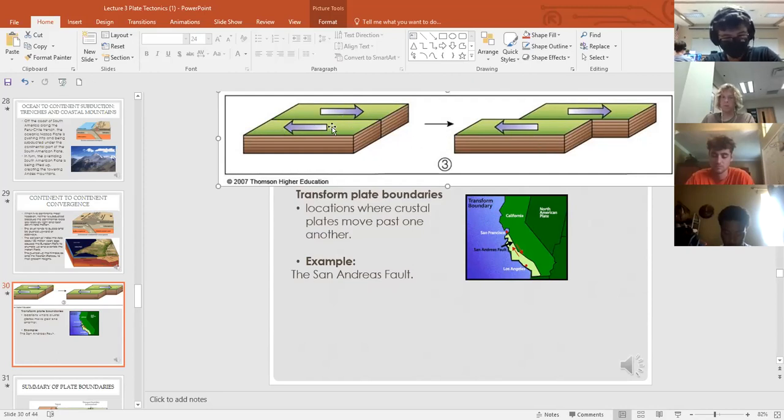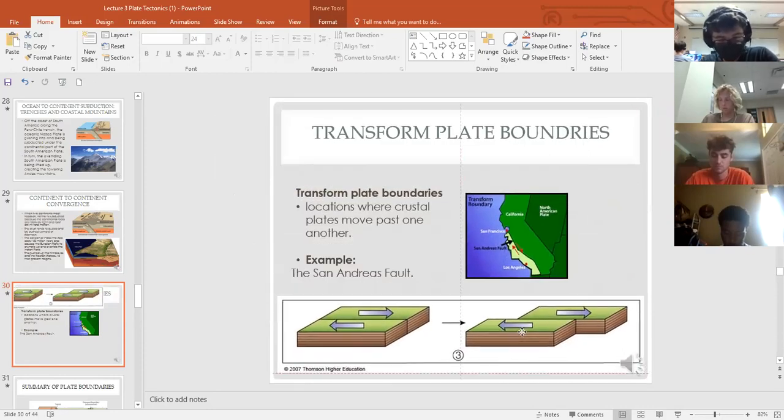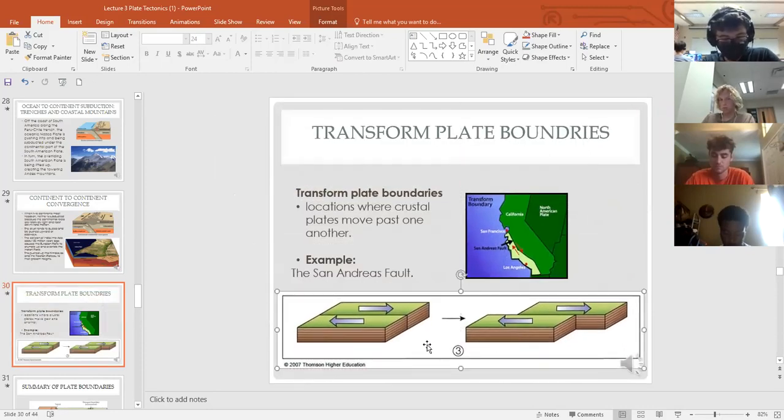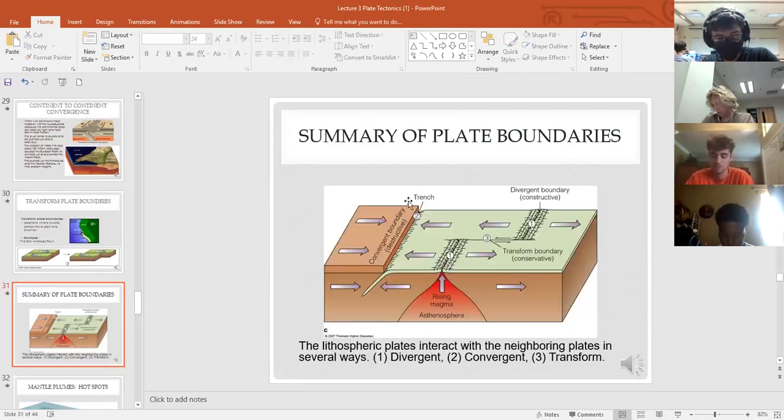If the plates are moving in the opposite direction, which is possible, it would be a left lateral fault. So faults are given the right or left hand based on your observation of the plate you're facing. So when you look at the ocean floor, you have all three types of faults.